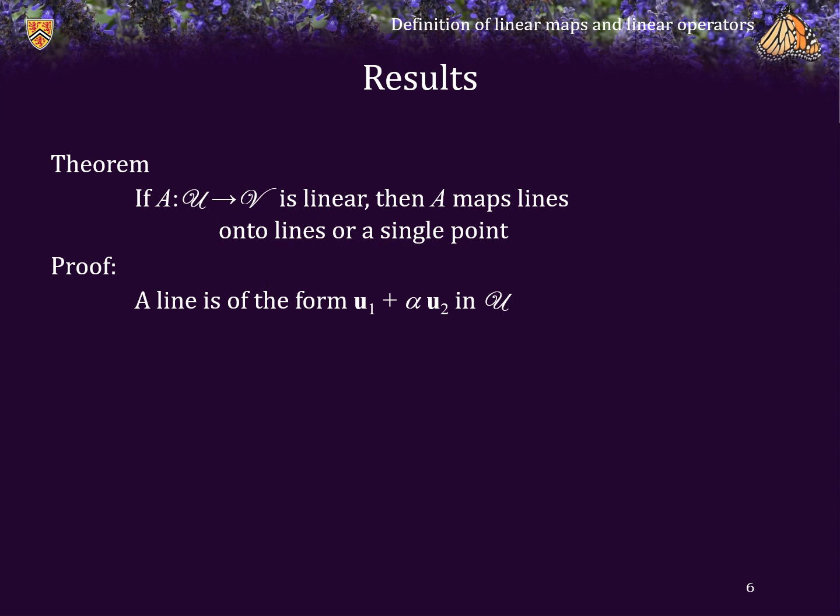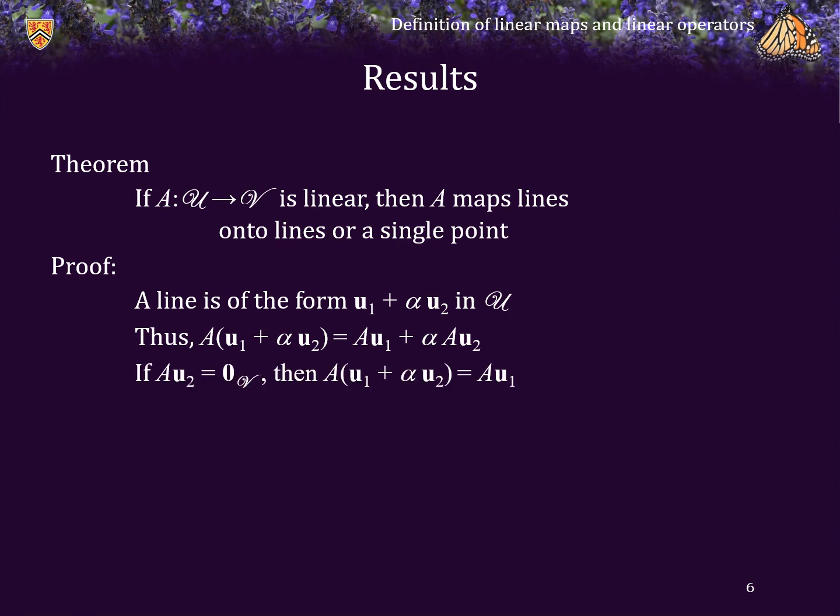Now this is in the vector space U. Therefore, if we were to apply a linear map, then this linear map applied to u1 plus alpha times u2 is equal to the linear map applied to u1 plus alpha times the linear map applied to u2.